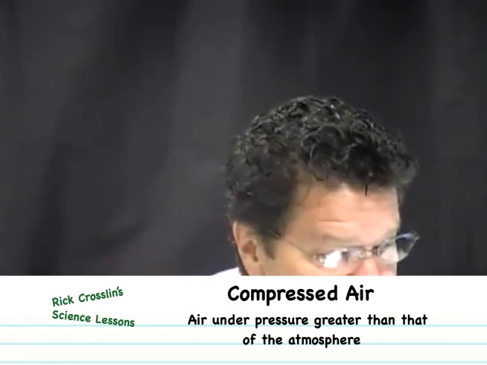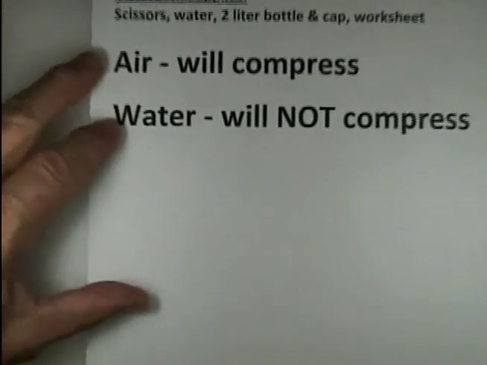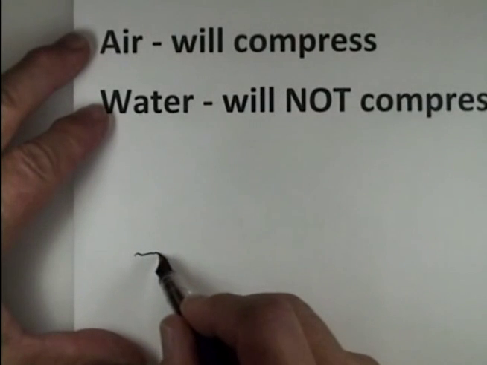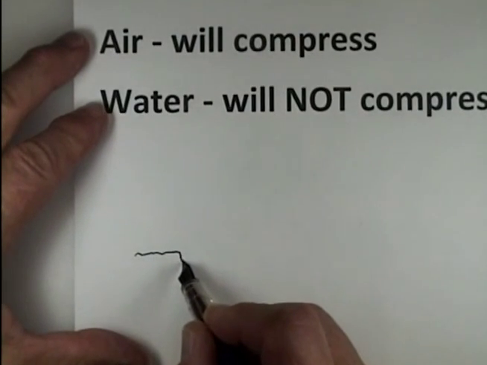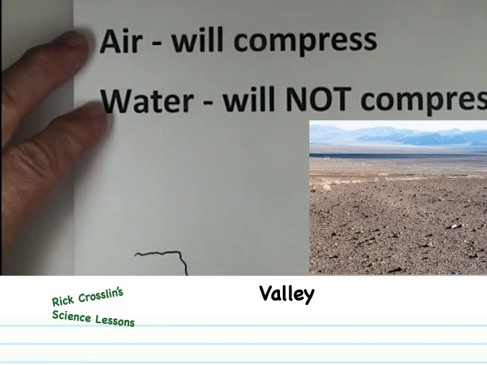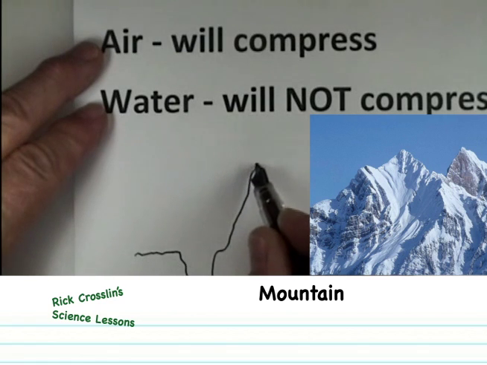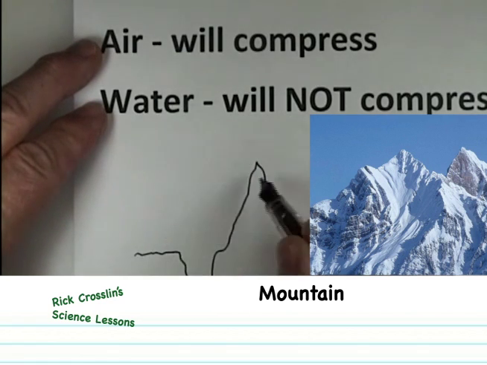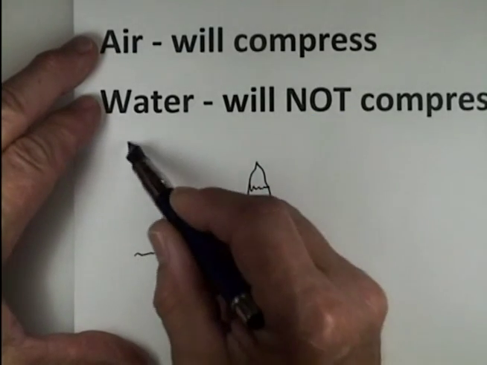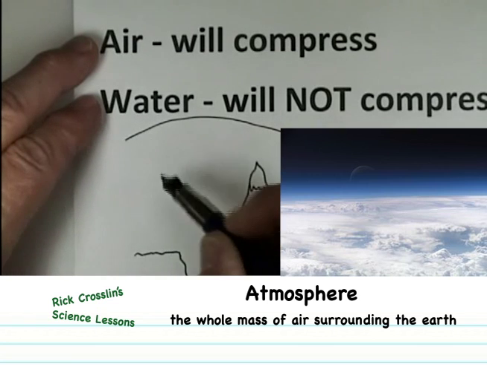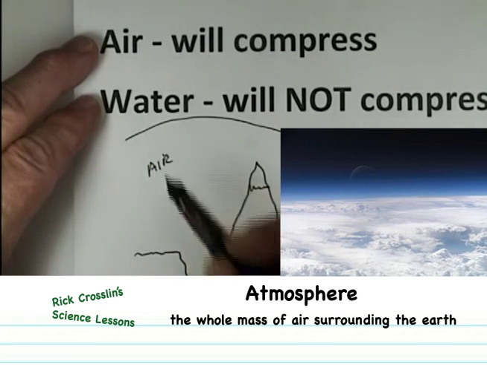The air pressure is different depending on where you are. For example, if we had here basically flat land, and then we have a deep valley, and then we back up to flat land, and we have a high mountain, a snow-covered mountain. And if the atmosphere, air, is above us, it's pretty easy to understand.